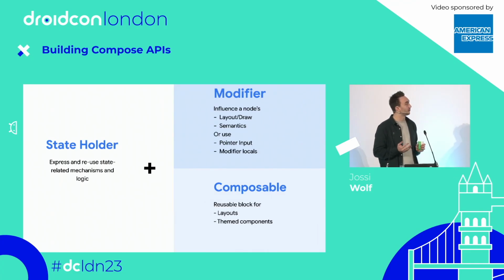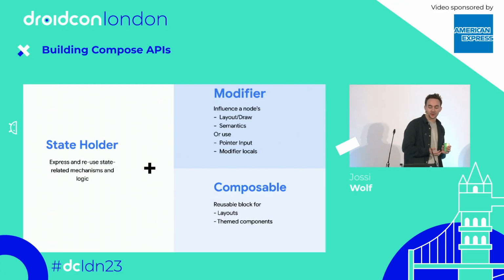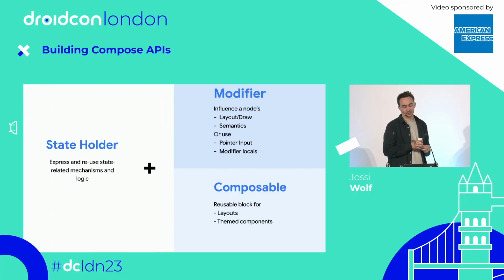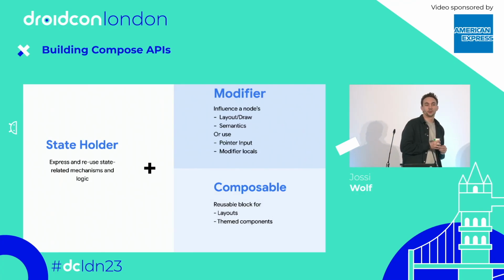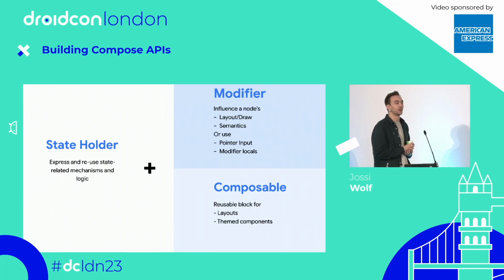And then you either have a modifier which lets you influence a node's layout or draw phase, the semantics, for example, for accessibility, or receive pointer input and read modifier locals. Whereas a composable is usually used as a reusable block for layouts. So, for example, row or column, right? Or box, very classic cases for that, or a button, a theme component.